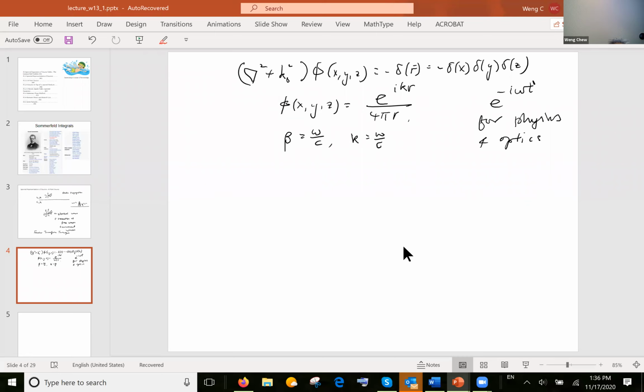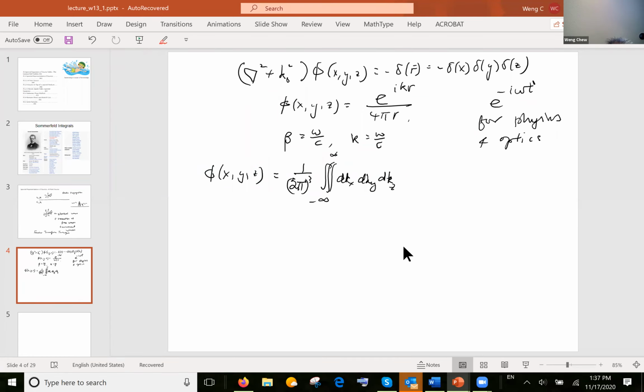So we are going to take a Fourier transform of phi(x, y, z) and express it as a Fourier transform. In order to express this as a 3D Fourier transform, we will have a three-dimensional Fourier integral, dkx, dky, dkz.